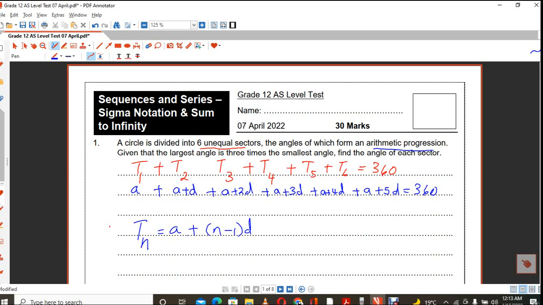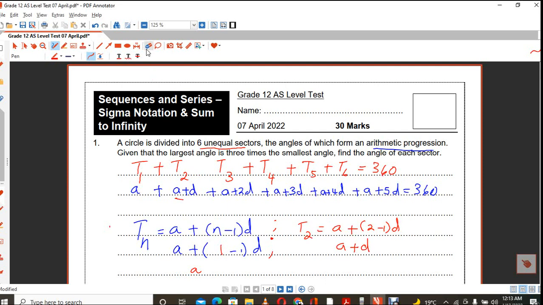So if you now had to look at the first term, it would be given by that there, which obviously leaves you with A. Subsequently, the second term will be A plus 2 minus 1 D. That's why the second term is A plus D. All right, what we have here.